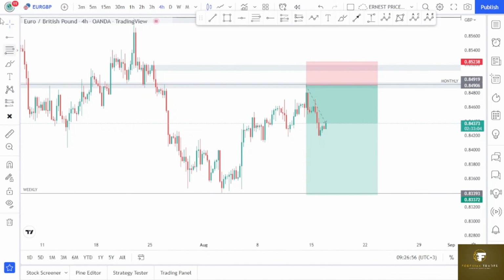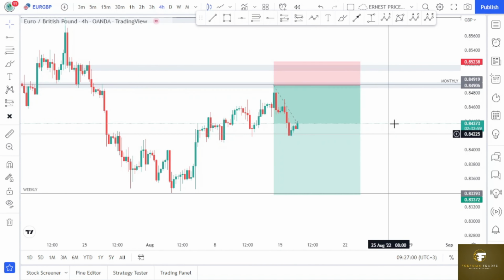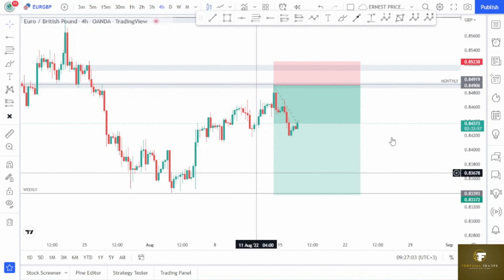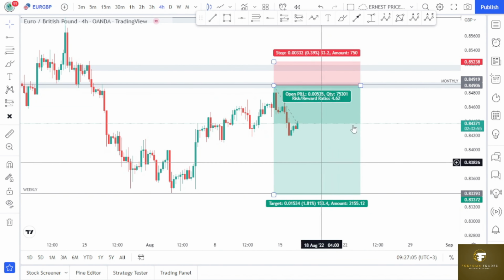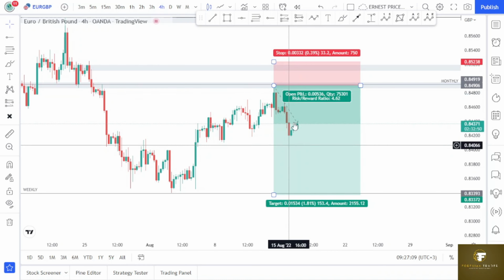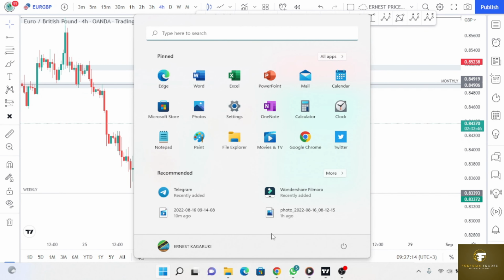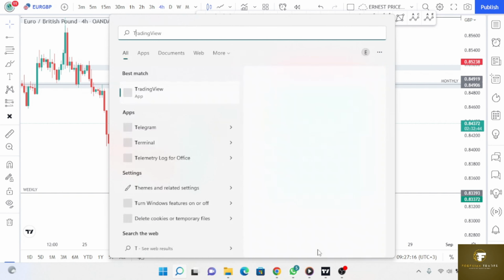After this entry, I was able to take my partial profits and then continue earning. I will show you this one.